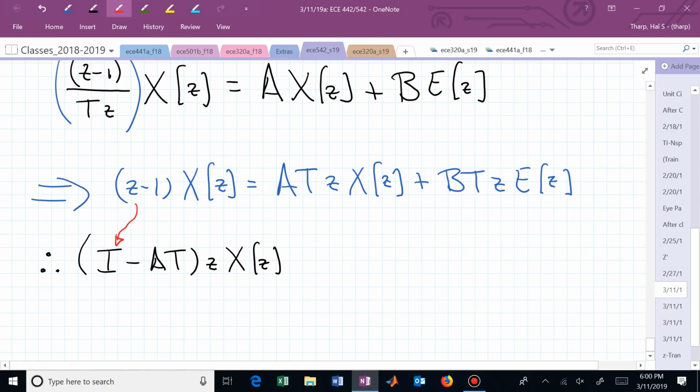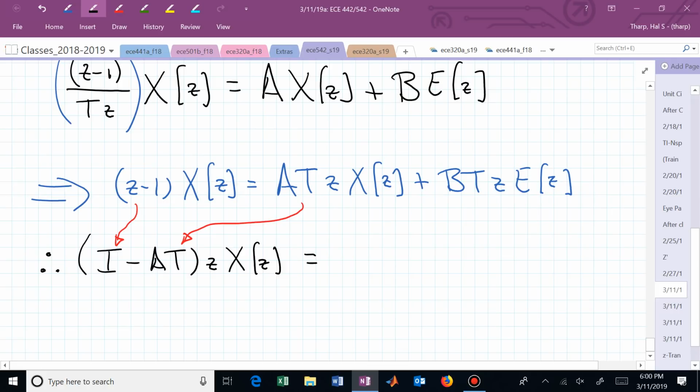This came from that Z because I've slid the Z out of that, and the minus AT is I've moved this term over from the right side to the left side. I've subtracted ATZ times X of Z from both.